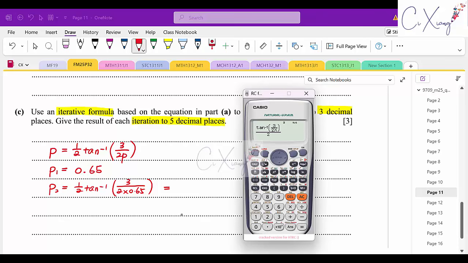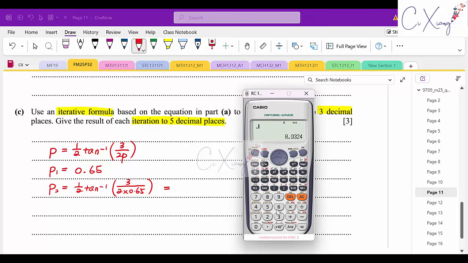Now I want to find all the iterations. The initial value that I use for this case is 0.65, but of course you can use any value that you like, as long as it's not too far from 0.5 and 0.7. First, press calculate on your calculator. It will ask for the value of x that you want to key in, which is 0.65.